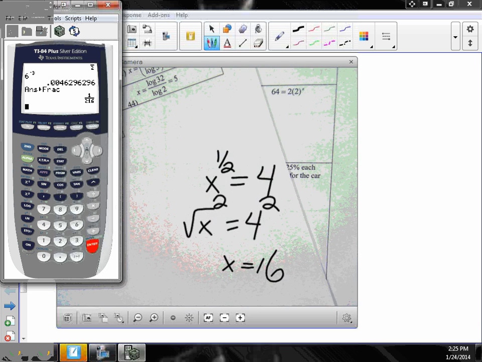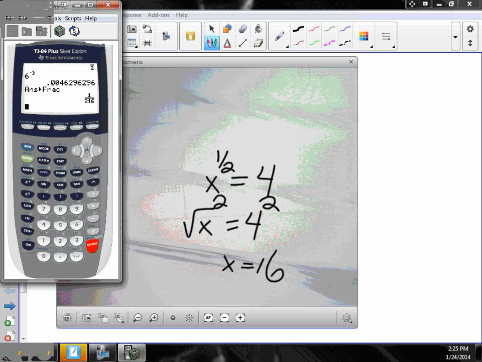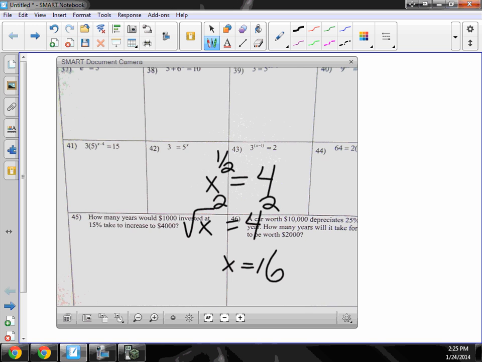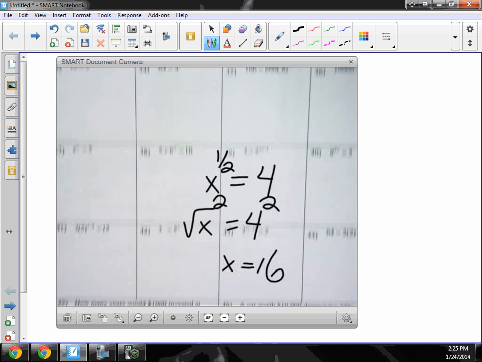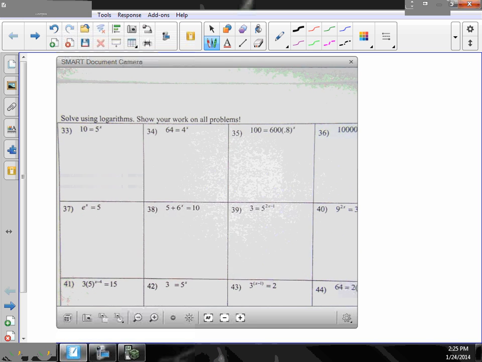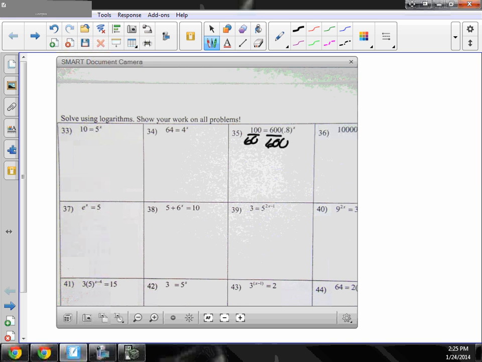Take a look at the second page. All of these problems on the second page need logarithms. The one hint that you need to remember is if there's any coefficient in front of a base, you need to get rid of that coefficient before you use logs. So for instance, on number 35, I need to divide both sides by 600 before I ln.